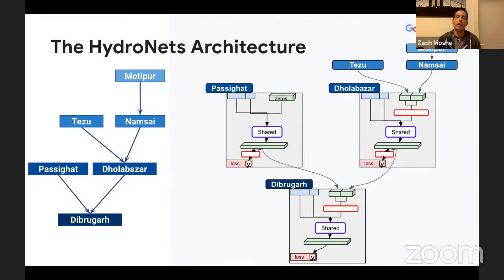That's how we basically get the whole model, and the model predicts all the labels at once. So at every iteration, at every example, we predict the water level for all the gauges at once, and we also generate loss for all the gauges at once, which helps us a bit with convergence.